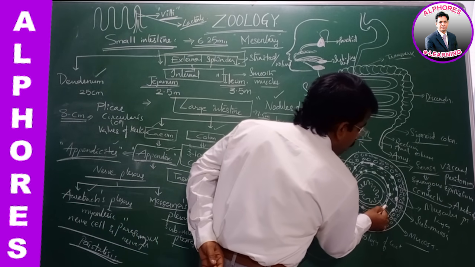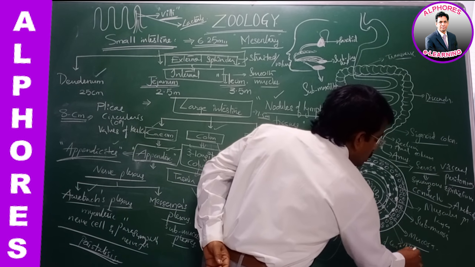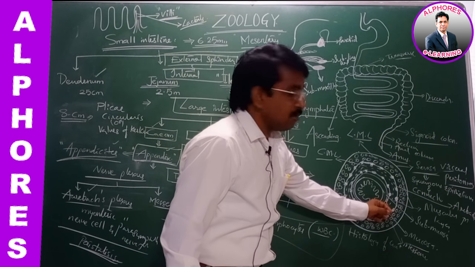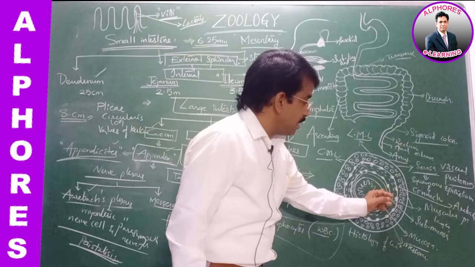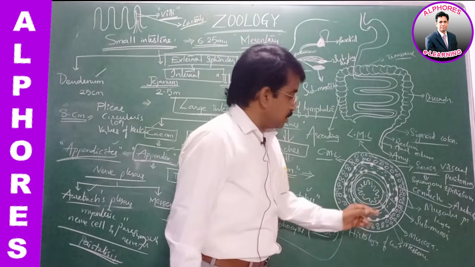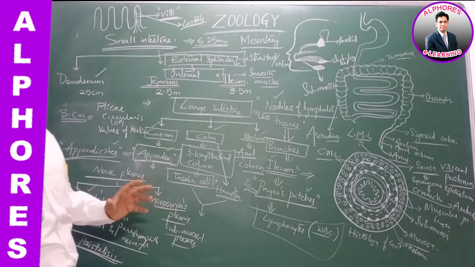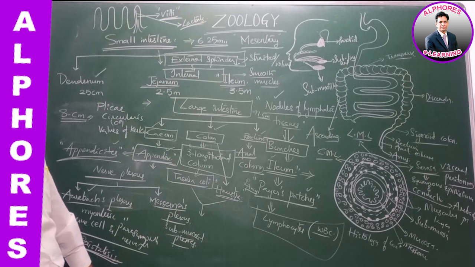The second one is the submucosal or Meissner's plexus. We observe it after the muscular layer and before the mucosa, which lies in the submucosa. That's why it is a submucosal plexus.